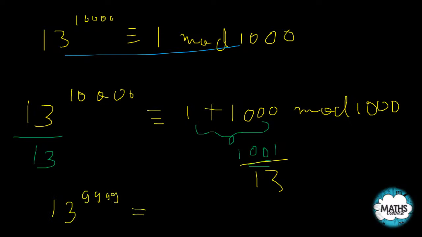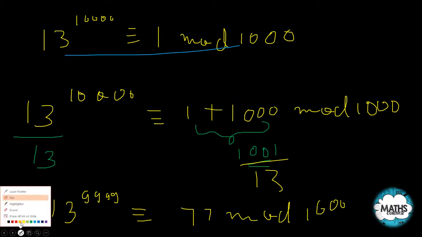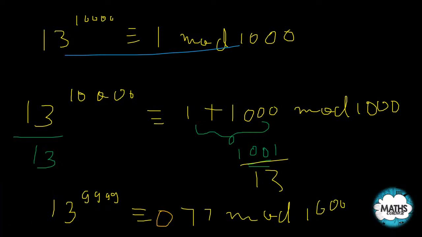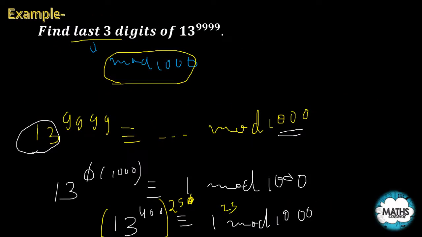This thing is congruent to 1001 by 13, which comes out to be 77 mod 1000. So I get the last three digits are 077. So the last three digits of this number are 077. This was a very good application of Euler's theorem.